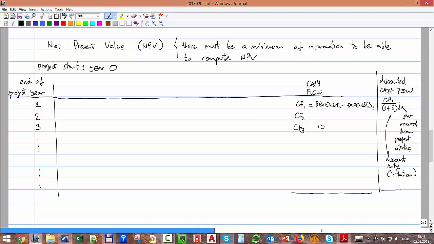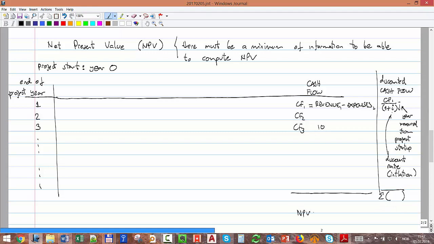So after I have all of that, then I can calculate the NPV, which is just the sum of all of the numbers in that cell for the whole project duration. So let's make that equation here.